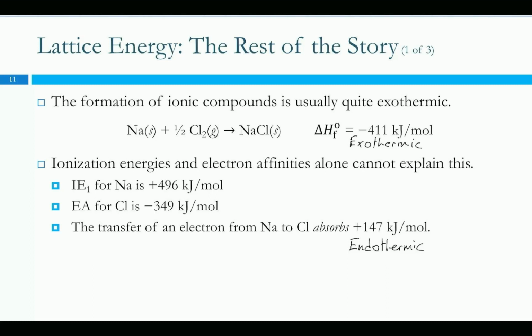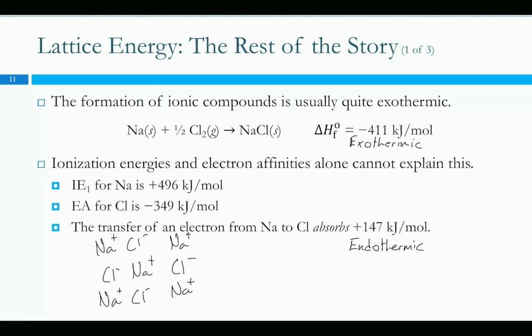The thing that's not taken into account is the fact that we've now got a Na plus next to a Cl minus. Those are opposite charges. And it's not just one chlorine and one sodium. All of these chlorines will gather around the sodium on all sides, and sodiums will gather around the chlorines, and you form what's called a lattice.